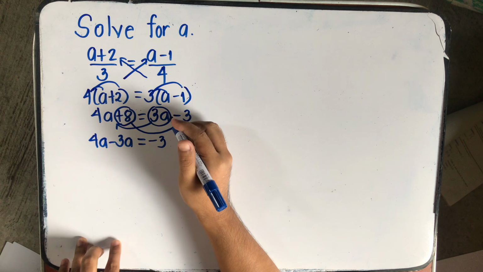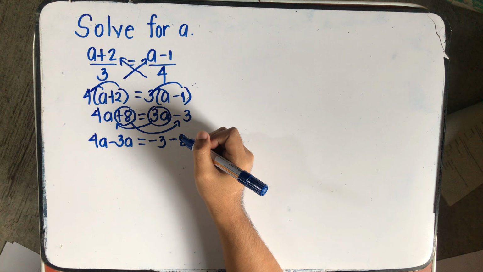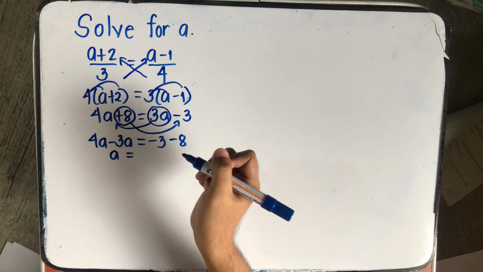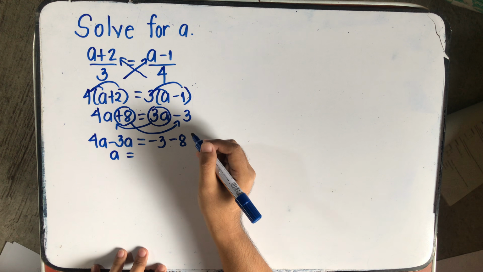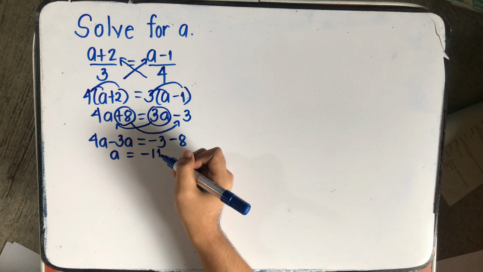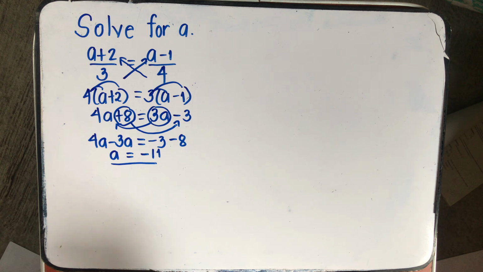If that is positive 8, therefore it becomes negative 8. 4a - 3a is just a, and negative 3 - 8 is negative 11. So that is the value of a. We have the value negative 11.